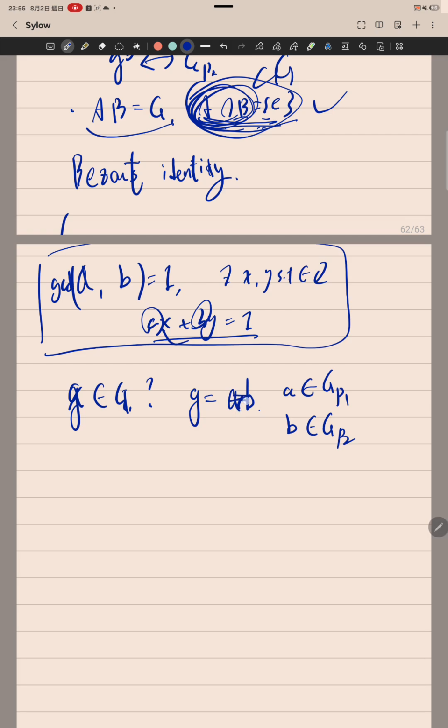When it's abelian, sometimes people use the addition notation, because a plus b is equal to b plus a.